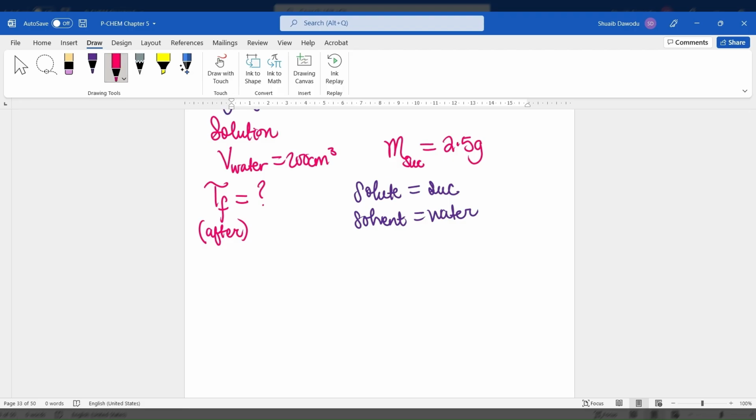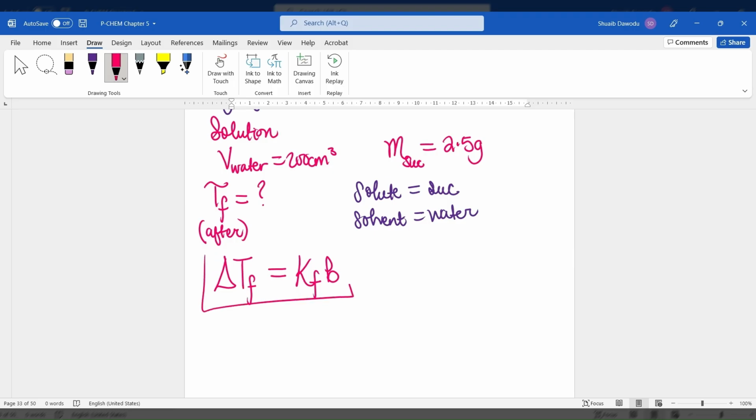So now, reading all we've read, we want to determine the freezing point of the solution after mixture has occurred. So we have to use a formula called the freezing point equation, or freezing point depression formula. It is simply change in T sub F is equal to K sub F multiplied by b.